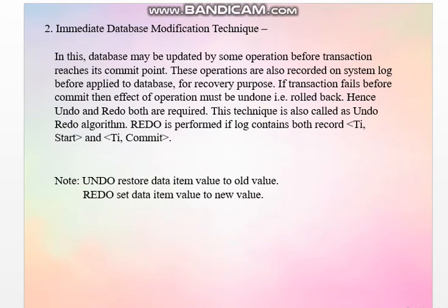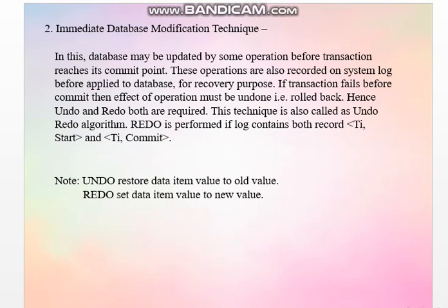So we need to perform the undo operation. Undo means we restore the data item to its value before the transaction started. Why? Because we need to make the database consistent. Removing all the effects of the uncommitted transaction gives us a consistent database state.